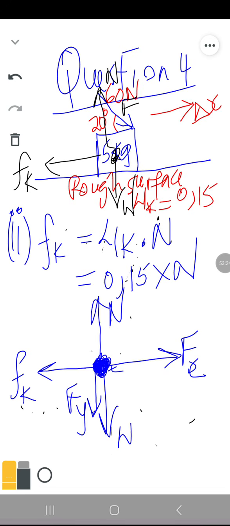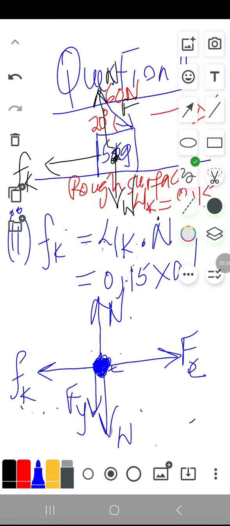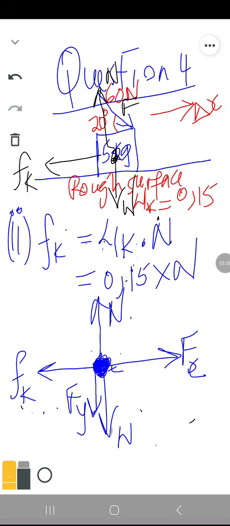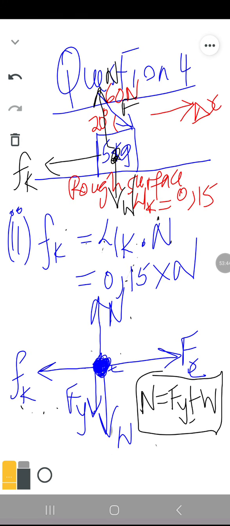From this diagram, to calculate our normal force, remember I said our vertical forces are at equilibrium, which means our vertical forces are balanced. So we say normal force is equal to F of Y plus weight. That is your formula here, simple like this. Upward force is equal to the downward force.